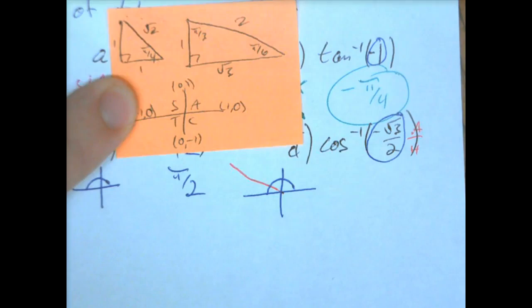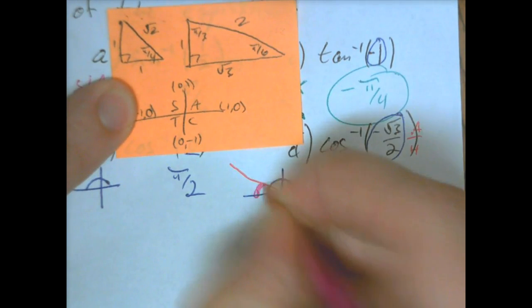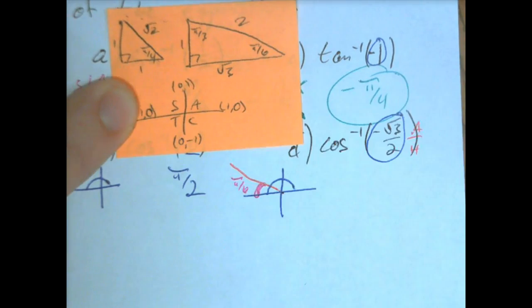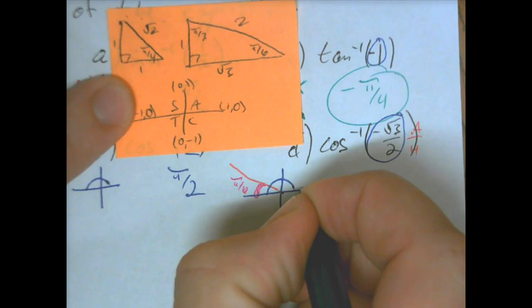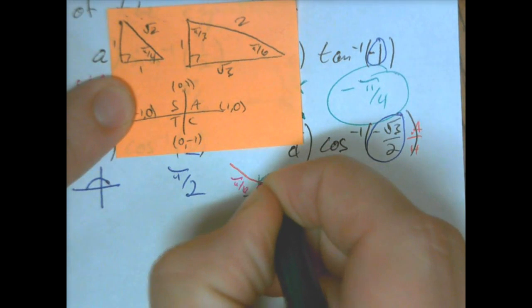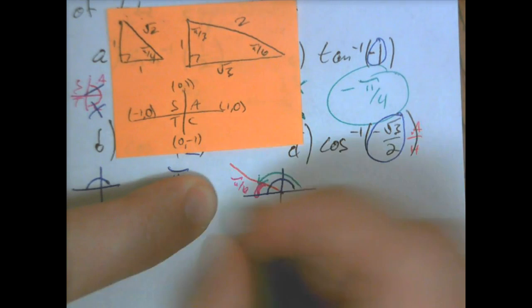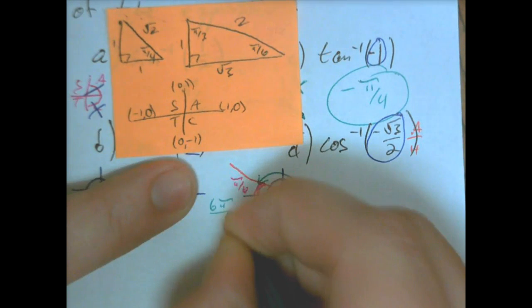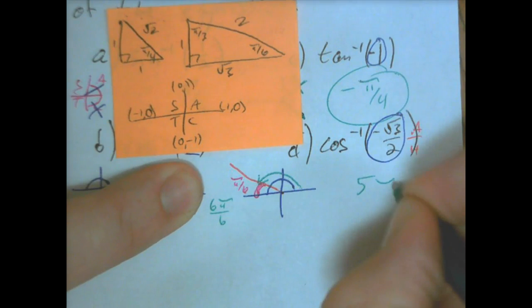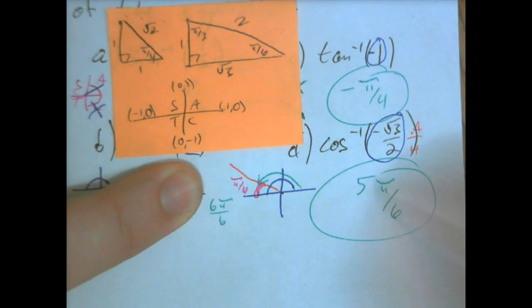So this angle right there is pi over 6. Do not forget that your angles are measured from the positive x-axis around to it. If my reference angle is pi over 6, then it is 1/6 short of pi, which is the same thing as 6 over 6. So my angle would be 5 pi over 6.